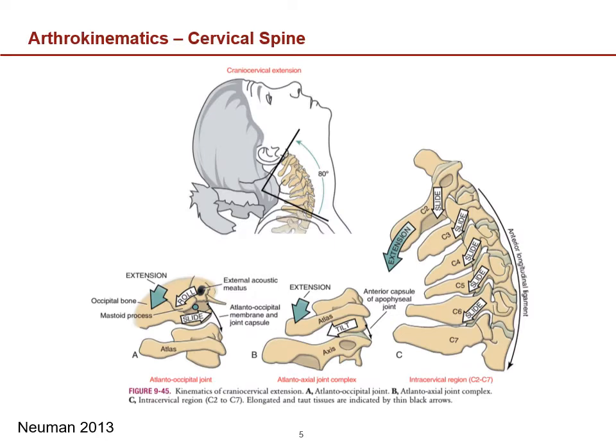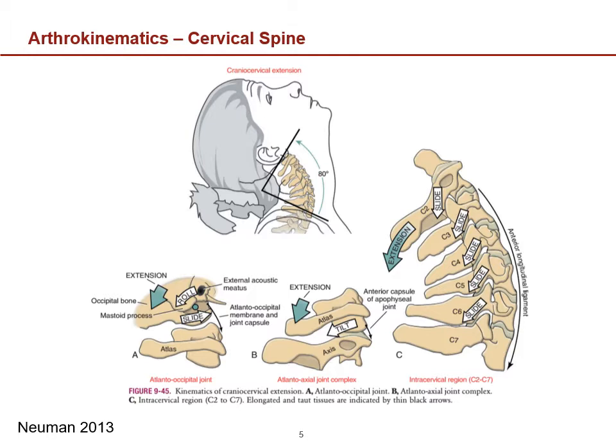We'll start with extension as the first movement. According to Newman, the arthrokinematics are described with the superior vertebra moving along the inferior vertebra. If you look at the small image there, A, where you have the OA joint, there's going to be an ipsilateral roll in the same direction as extension with a slide of the condyle anteriorly.